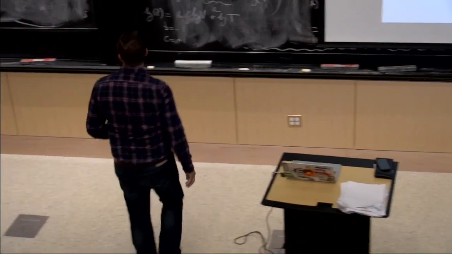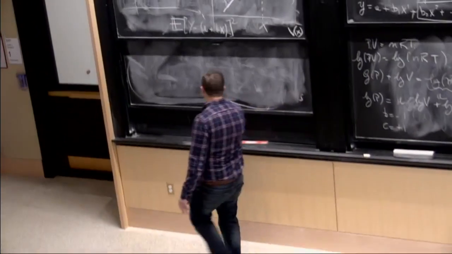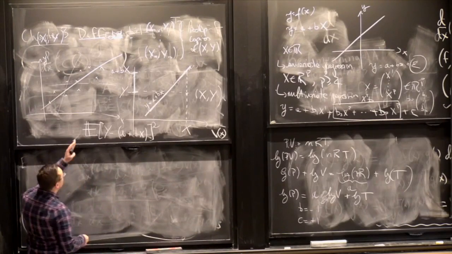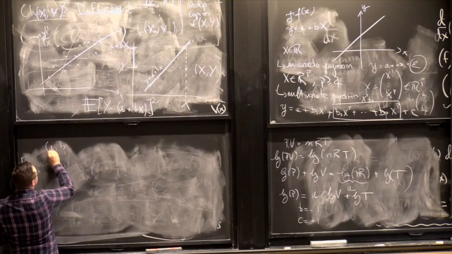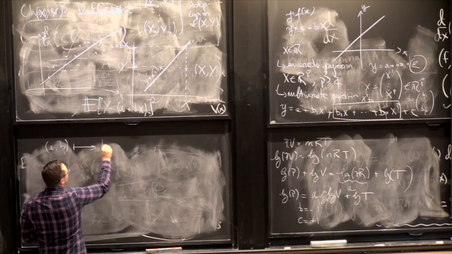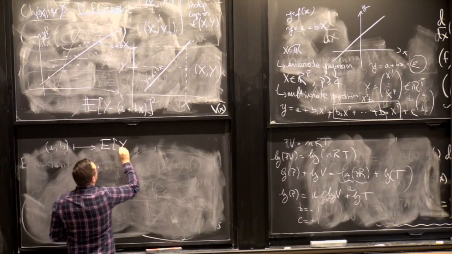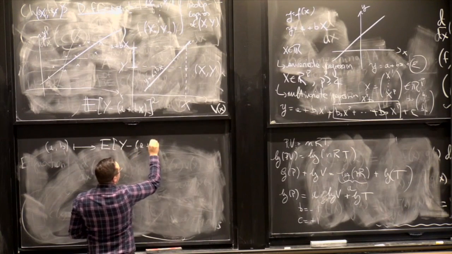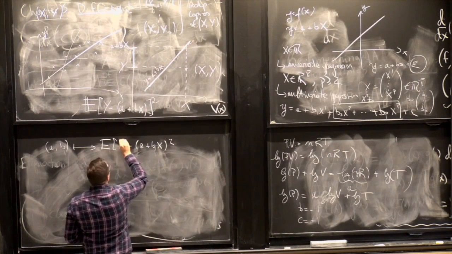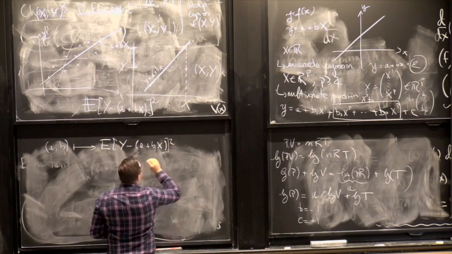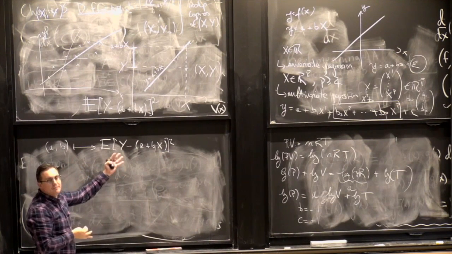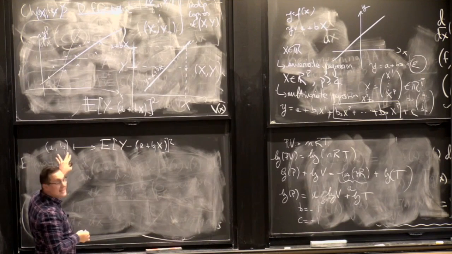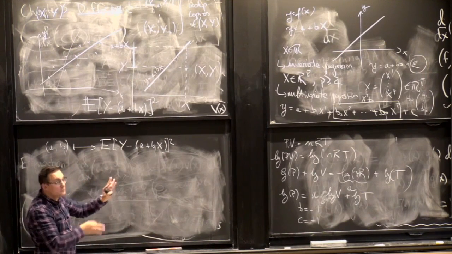All right. So now that I do those vertical distances, I can ask, well, now I have this function, right? I have a function that takes two parameters, a and b, and maps them to the expectation of (y minus (a plus bx)) squared. Sorry, the square is here. And I can ask, well, this is a function that measures the fit of the parameters a and b, right? This function should be small.